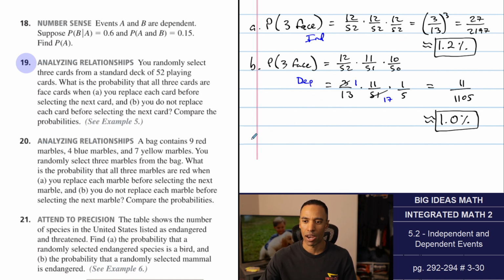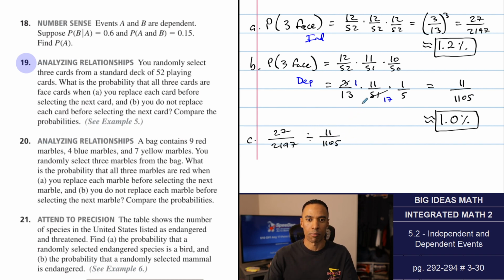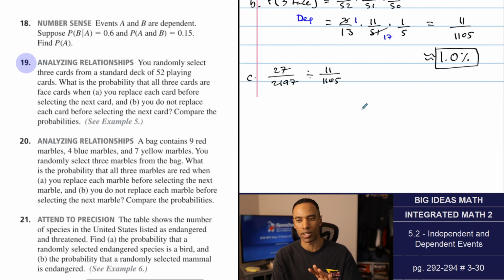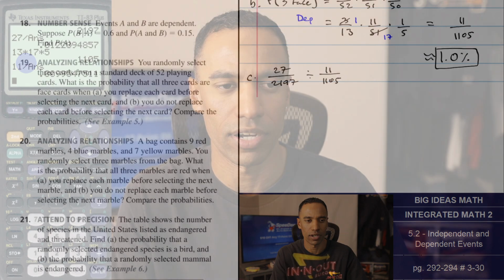So when it comes to comparison, if that's part C, they don't really say part C, but I want to call it that. Let's do 27 over 2197 divided by 11 over 1105. In a calculator, I don't require parentheses for the first one, but I do require parentheses for the second one.